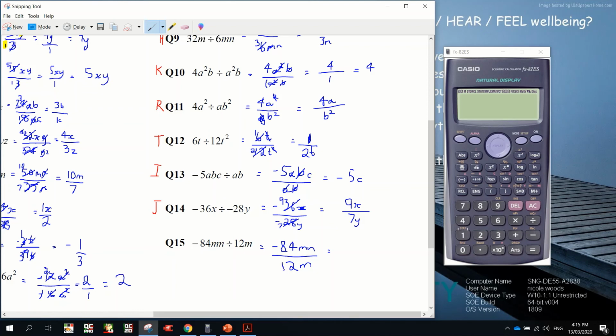So how many times does 12 go into 12? Once. How many times does 12 go into 84? 7. Okay, now our letters.